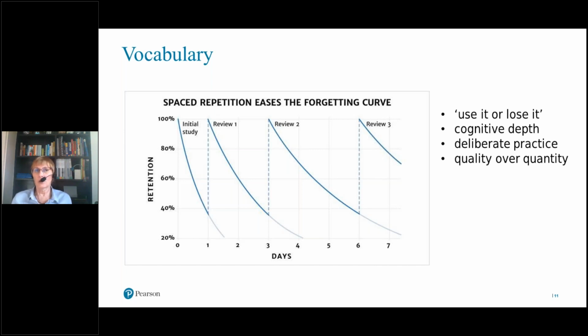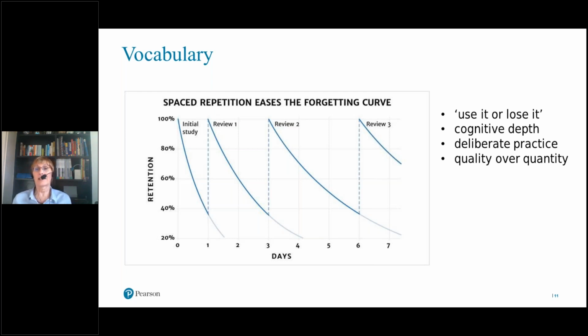And what I'll also show you in a moment are examples of how we help with this spaced repetition, the use it or lose it principle, how we give students exercises where they're doing something with the language to encourage cognitive depth.